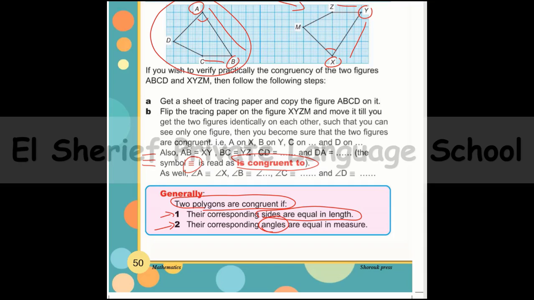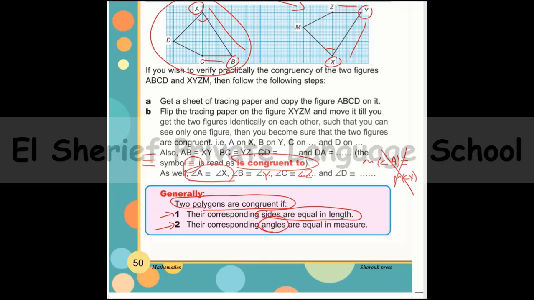So we read angle A congruent to angle X, angle B congruent to angle Y, angle C congruent to angle Z. But if we put measure angle A congruent to measure angle X, that's wrong.